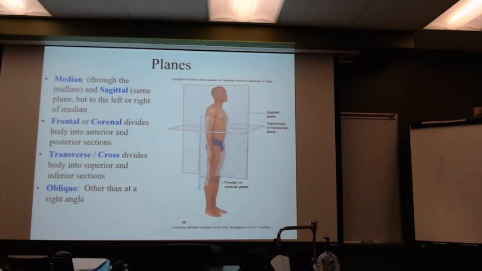So body planes, this is letting us know the divisions that occur, and we have a median, which is straight down through the middle, sagittal, but that would be to the left or to the right, frontal, this way, coronal, this way, transverse gives us a superior and inferior, oblique is like at an angle.